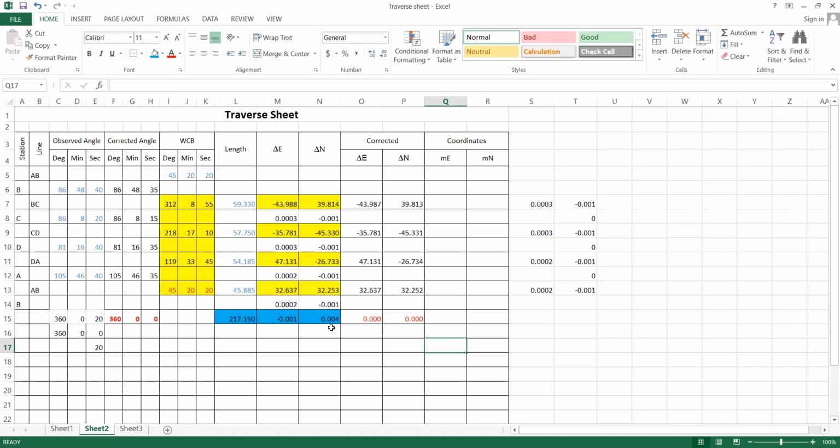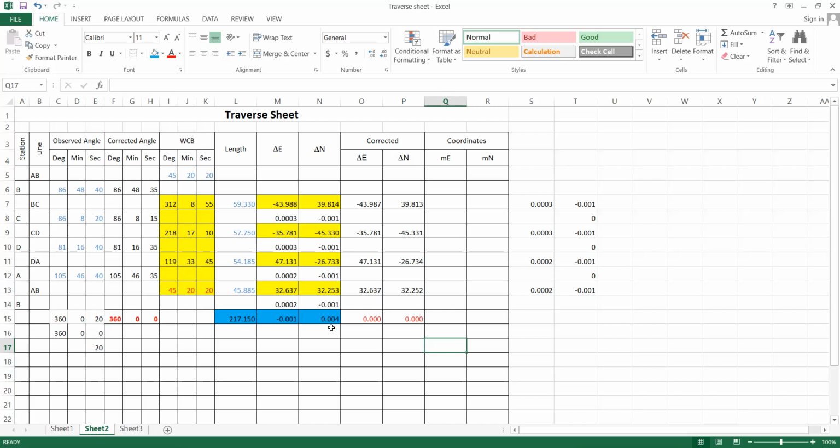So these are the corrected delta E and delta N's, which is step 6. Step 6 in our procedure is to calculate corrected delta E and delta N's. Is this step okay? So what you have to do is distribute the error. First you take this blue color one, that is the linear misclosure.